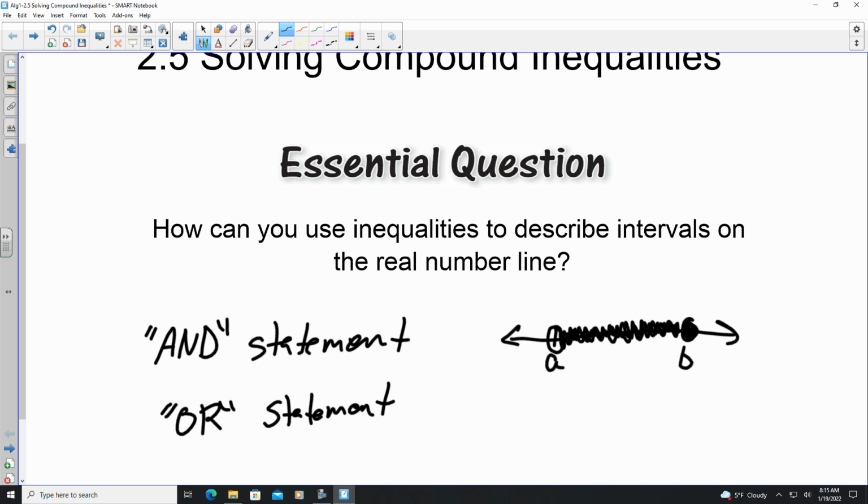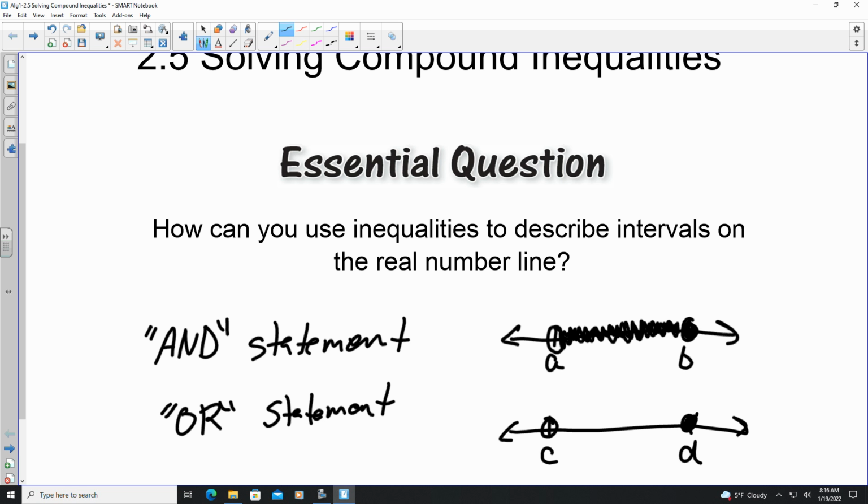Anytime we have an or statement, again, I'll use C and D. And again, whether they're open or closed is dependent on the situation. But with the or statement, they are always going to be shaded away from the other value.